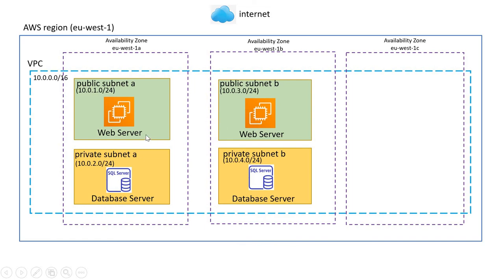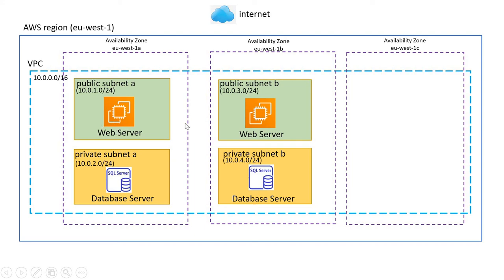For example, here we created our web server in availability zones EU West 1A and EU West 1B, so that if one availability zone goes down, we should be able to access our server in a different availability zone. So in this way, by launching our instances in separate availability zones, we can protect our application from failure of a single zone.